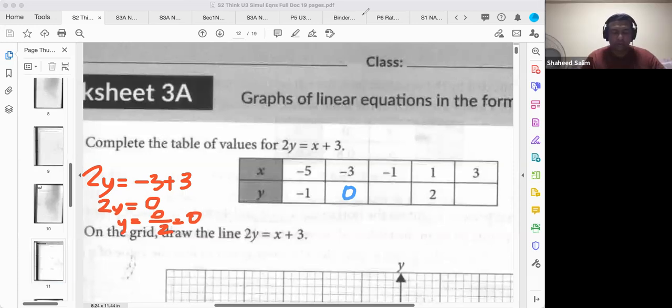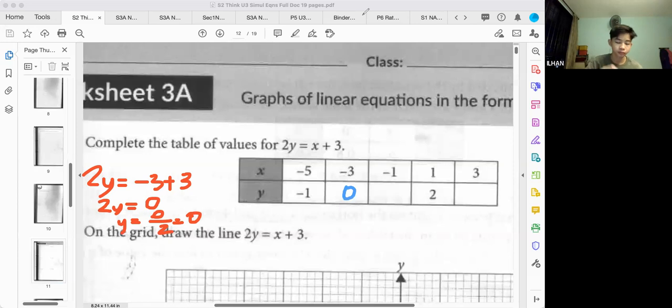You try the next one. Equals to 1, right?